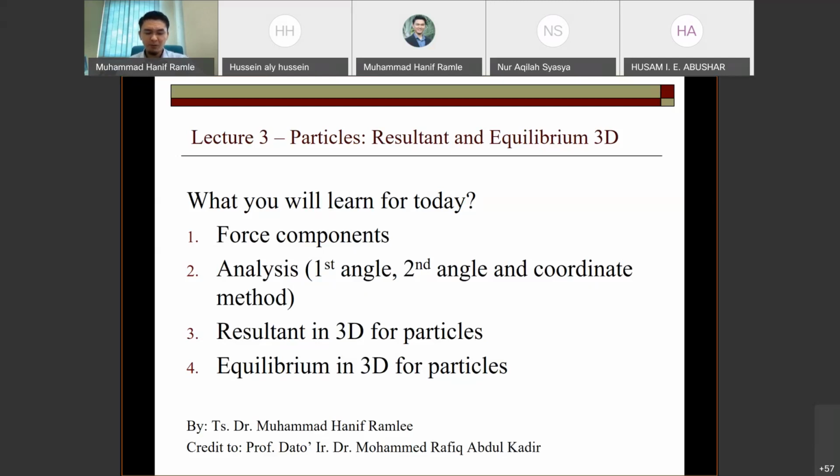Number 3, you will calculate the resultant, the total force, in 3D for particles. The last one is equilibrium in 3D for particles, where we apply Newton's first law to meet the equilibrium system.